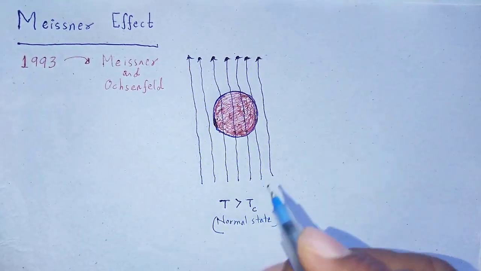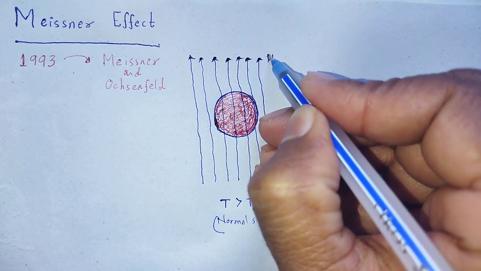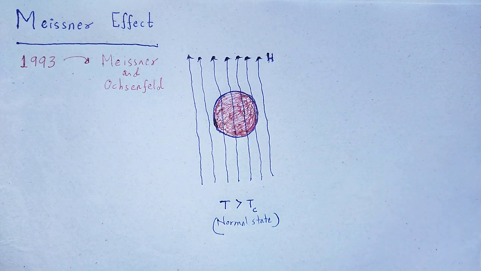Critical temperature is the temperature below which a material achieves its superconducting state. In the normal state, the applied external magnetic field penetrates the material.